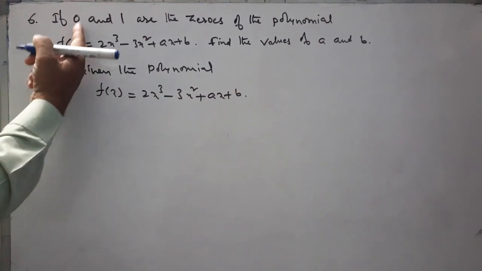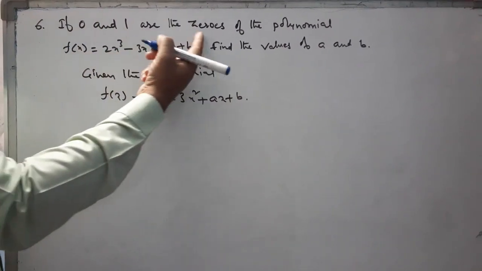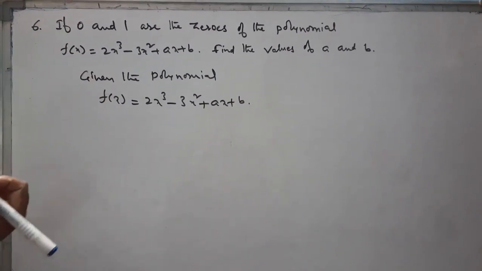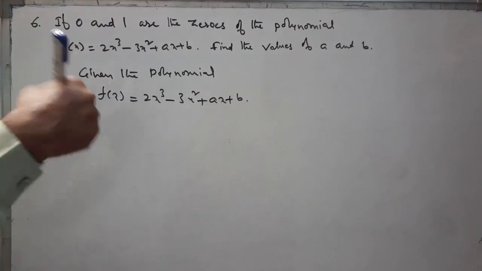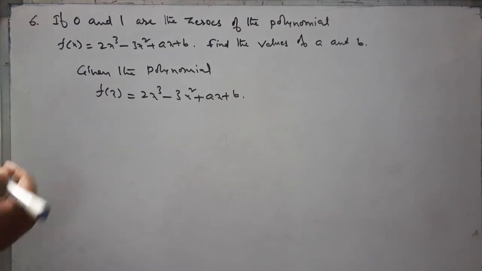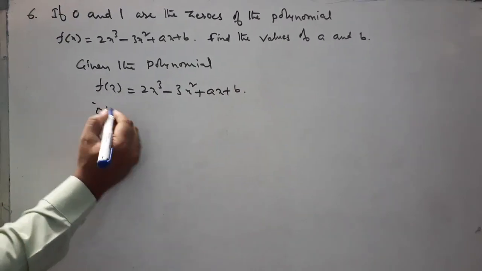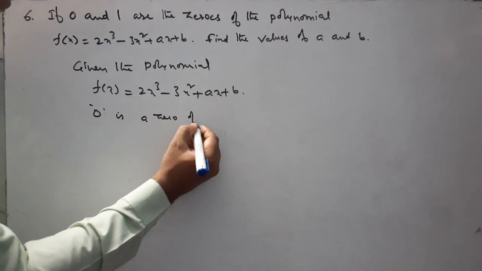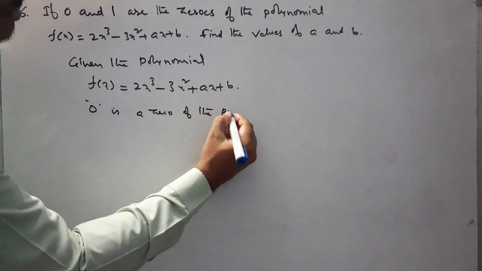Here 0 and 1 are the zeros of the polynomial. So 0 is a 0 of the polynomial.